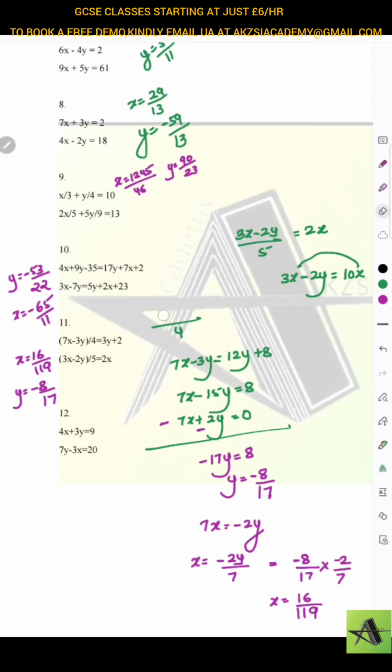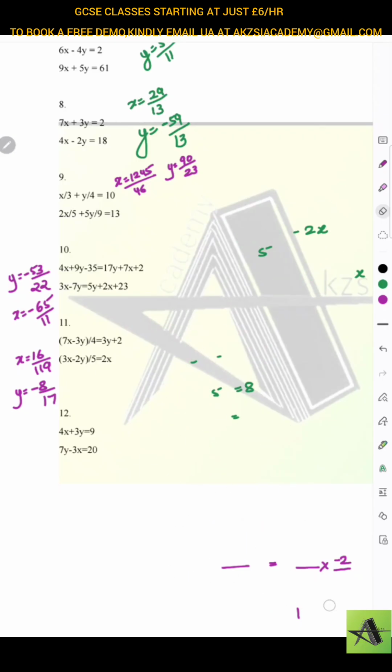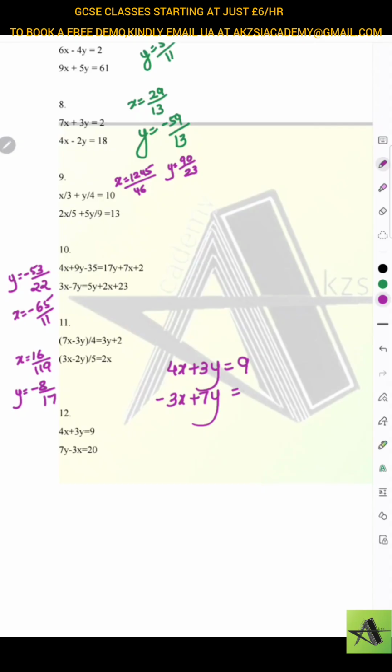Now the last question. It's simple. The only thing here is the bottom one is not arranged. We have to rearrange this. That means 4x plus 3y is equals to 9, and minus 3x plus 7y is equals to 20. Only the bottom one we need to rearrange.